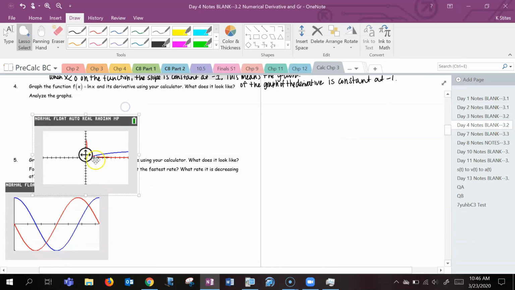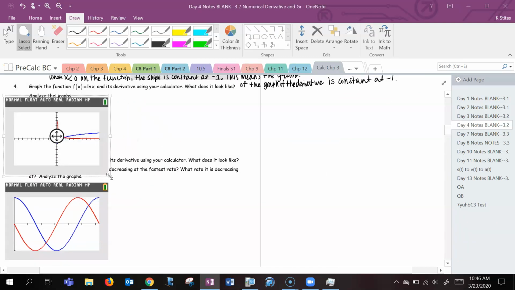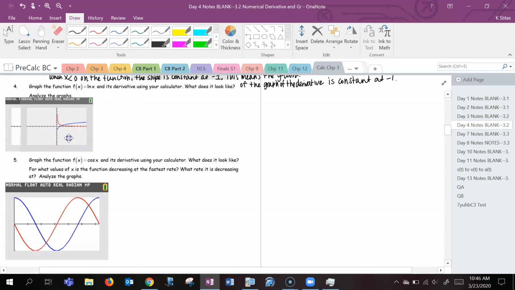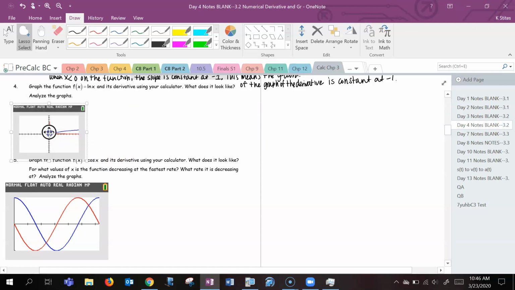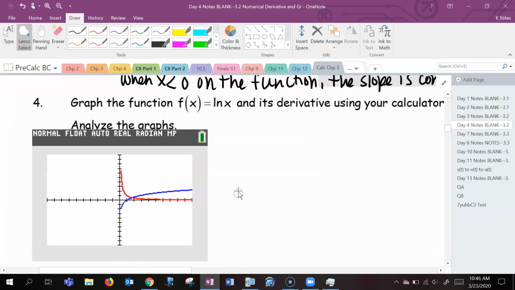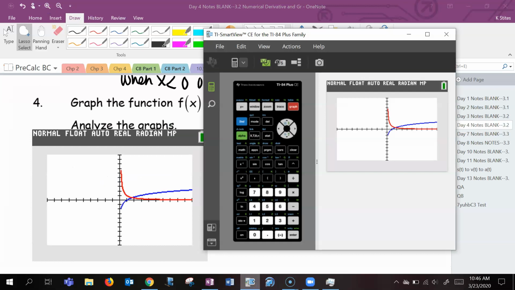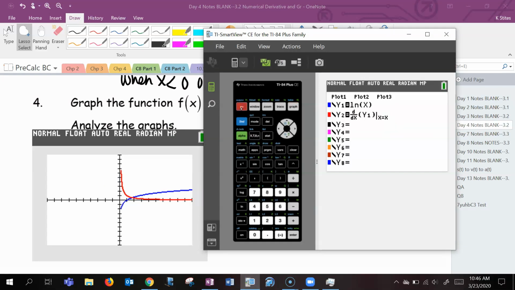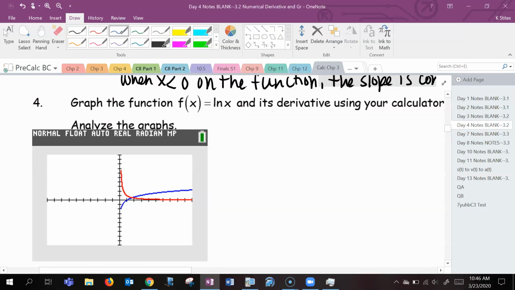You can go ahead and graph it. All right, so let's look at this one more time. The blue was natural log of x. And the red is the graph of the derivative, so that's f prime of x.